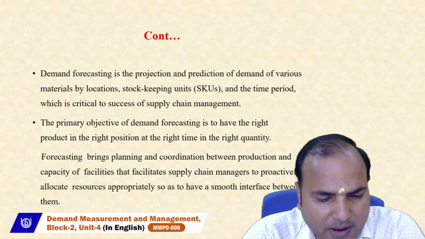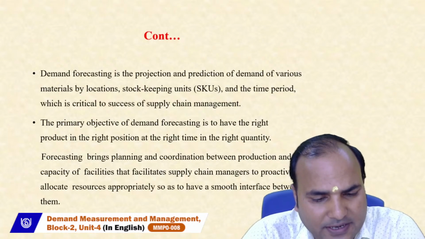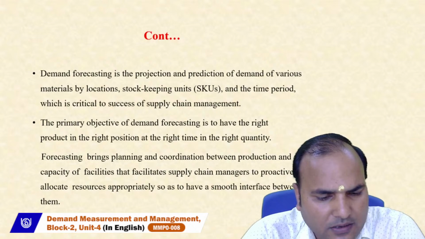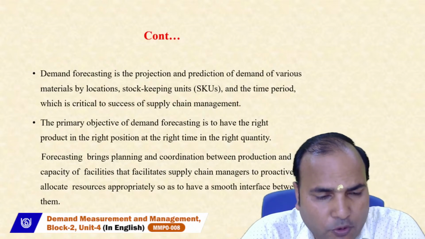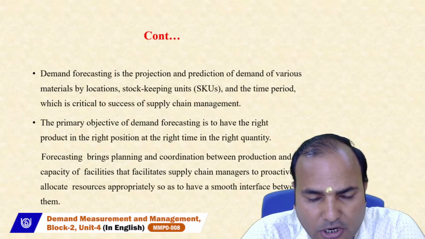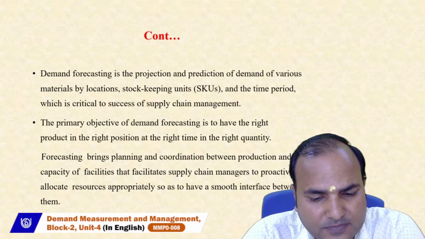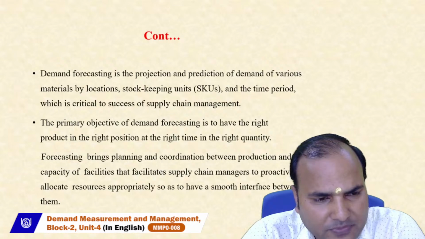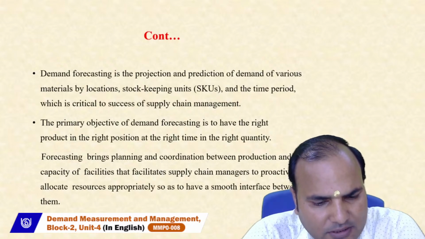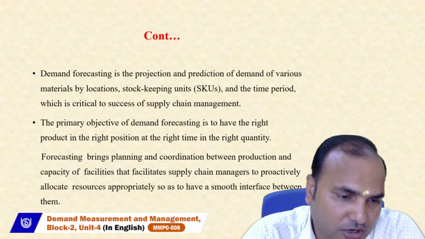So demand forecasting has some key aspects. Accurate demand forecasting is the cornerstone of demand management. Organizations use historical data, market trends, and statistical models to predict the future demand for their products or services.